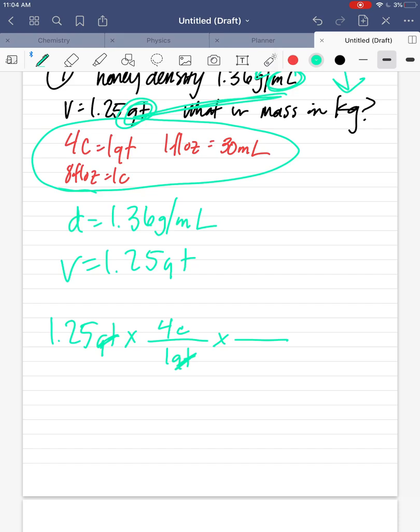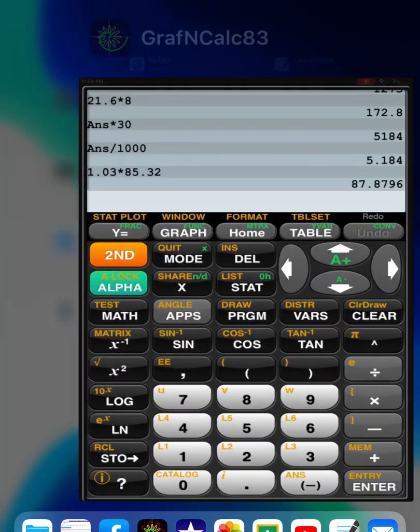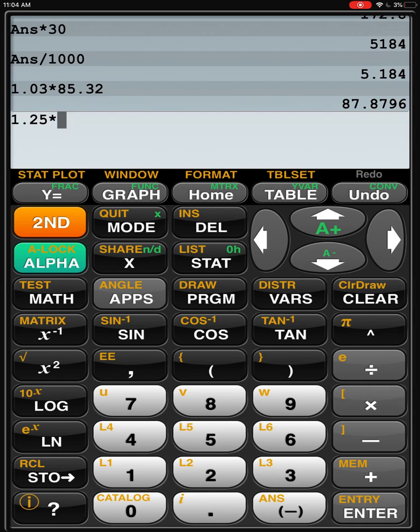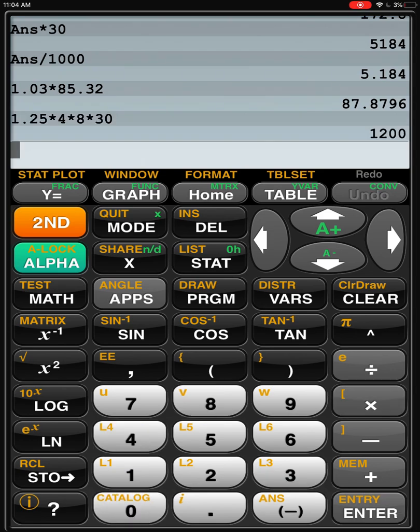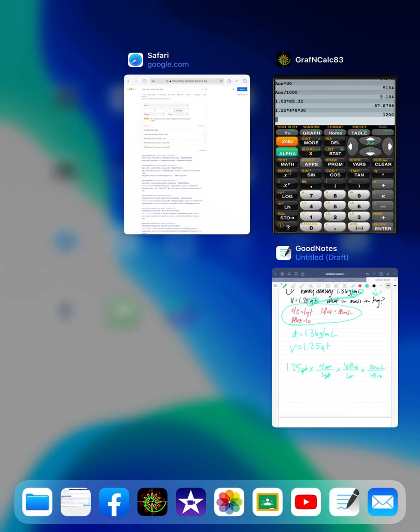A quart's a big unit, we're going to small. So I know that 1 cup is 8 fluid ounces. Cups cancel. I know that 1 fluid ounce is 30 mils. Okay, so you do 1.25 times 4 times 8 times 30. Because you're multiplying, you just do it across the top.